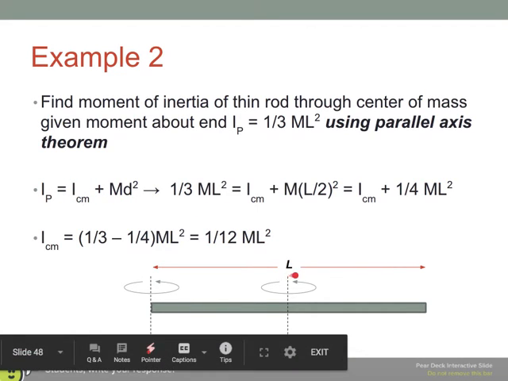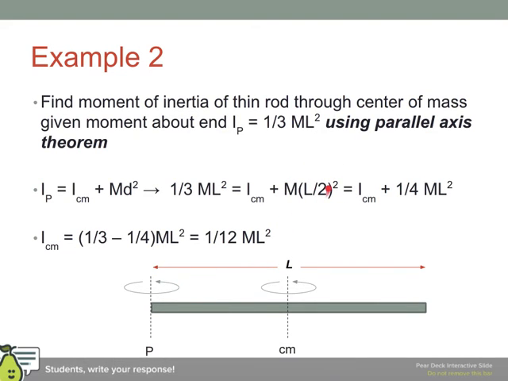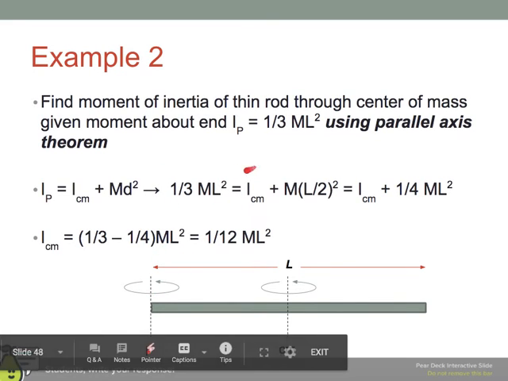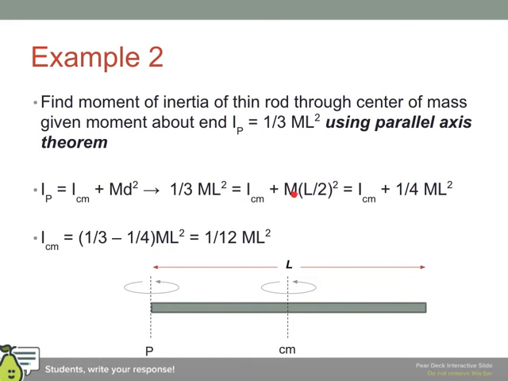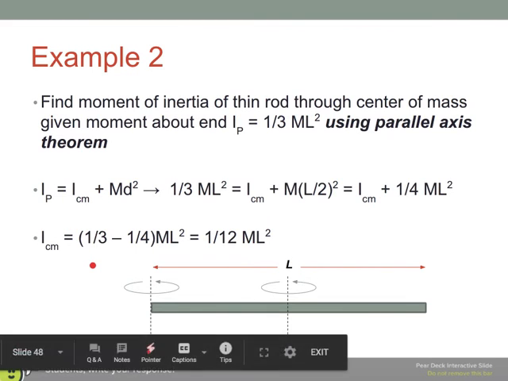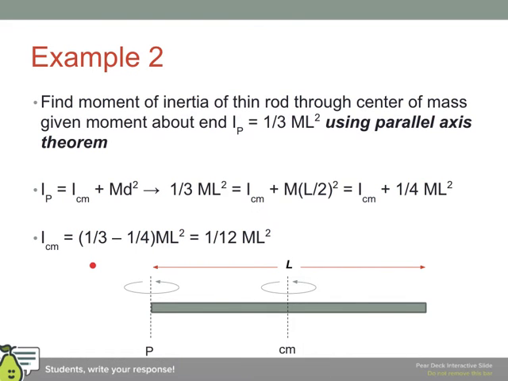Well, the distance between the two axes of rotation is half the length of the rod. So we know the moment of inertia about one end is the moment of inertia about the center of mass plus m times (L over 2) quantity squared. Solve that for the moment of inertia about the center of mass, and indeed we get 1/12 ml squared. So once we've found it about one end, we could use the parallel axis theorem to get it through the center of mass. Or we could calculate through the center of mass and then use the parallel axis theorem to get around one end.